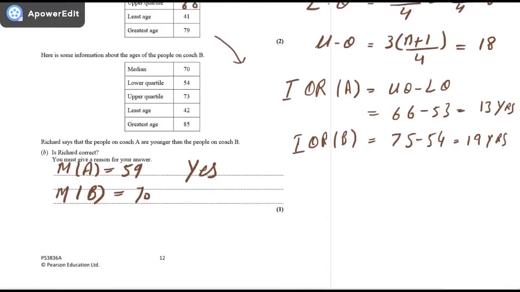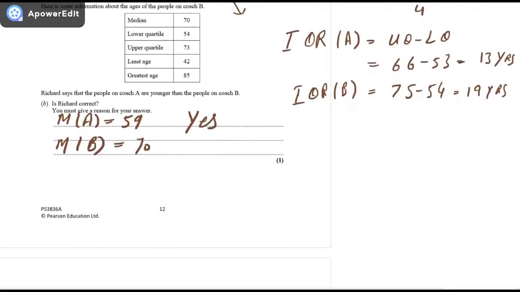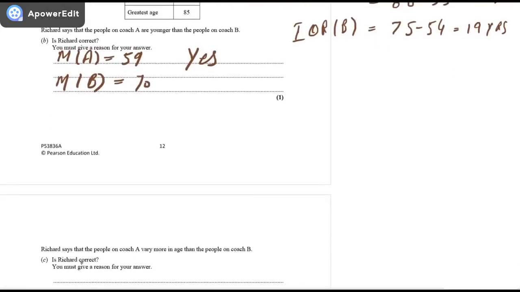Let's see what the statement says. Richard said that the people on coach A vary more in age than the people on coach B. No, he is wrong, because 19 is greater than 13. So Richard is wrong.